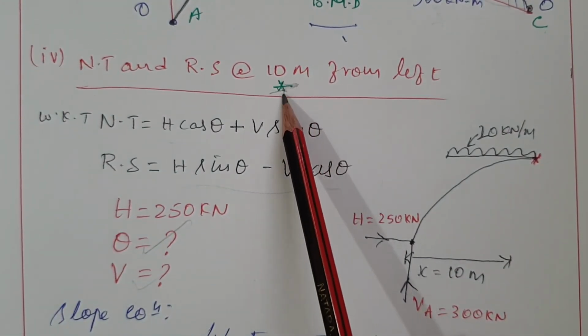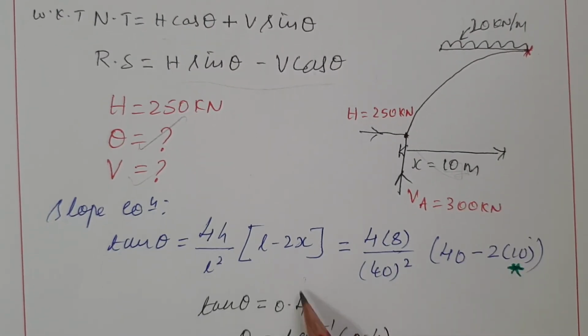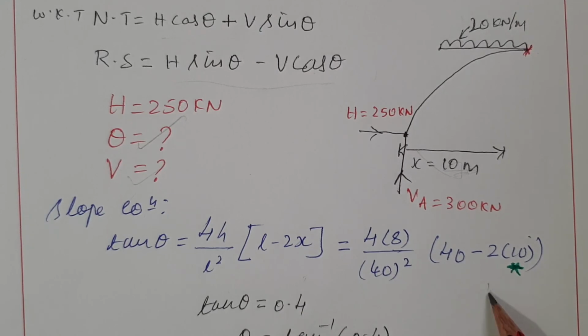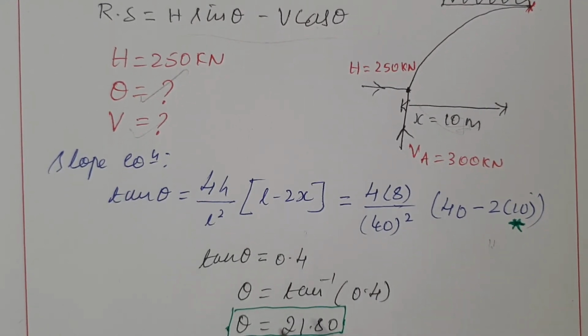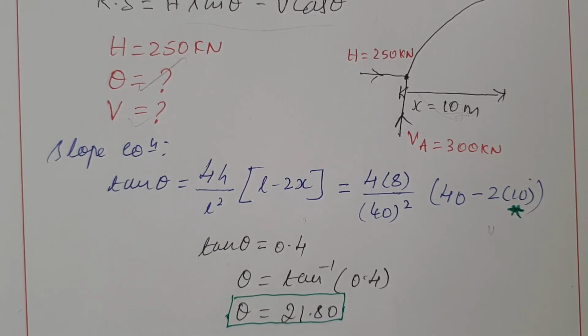So I am considering x value as 10. I substituted the same 10 here, so you get the value of slope. Tan theta equals 0.4, then theta equals tan inverse of 0.4, so theta equals 21.80 degrees.